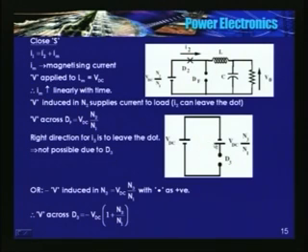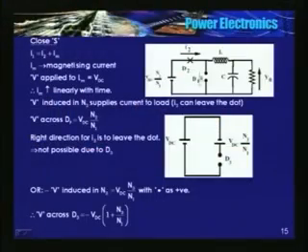It is the series connection of these two voltage sources, so the voltage appearing across D3 is given by this equation. What is the voltage appearing across the freewheeling diode in the secondary? It is the secondary induced voltage, VDC into N2 divided by N1.